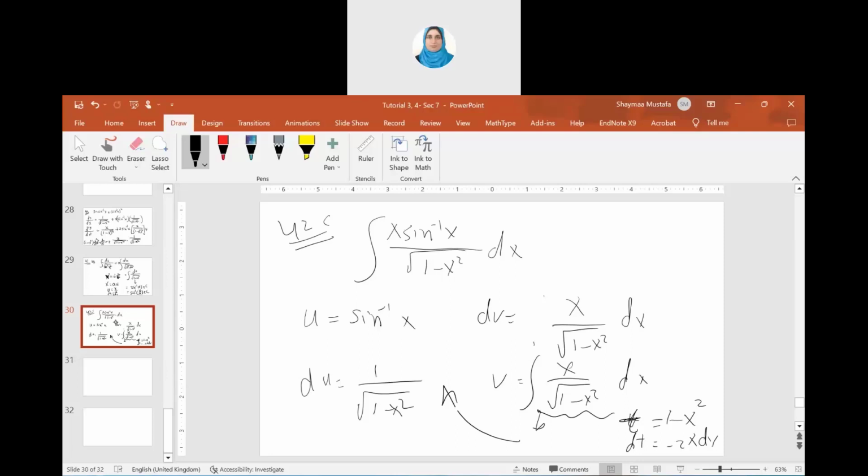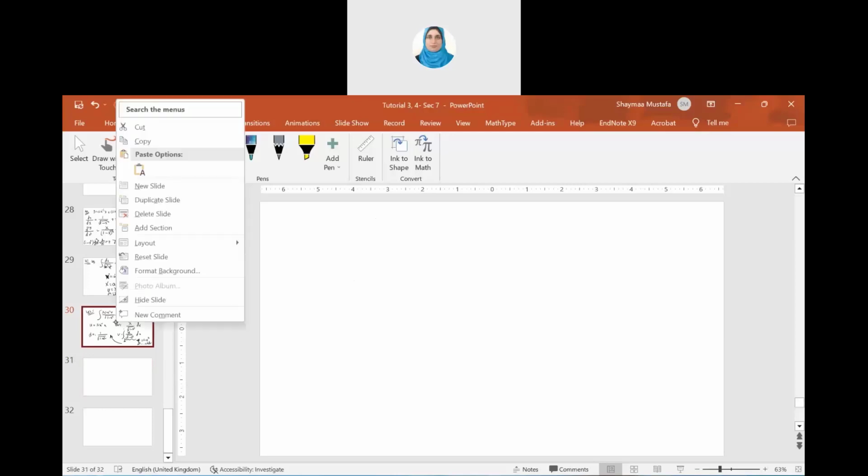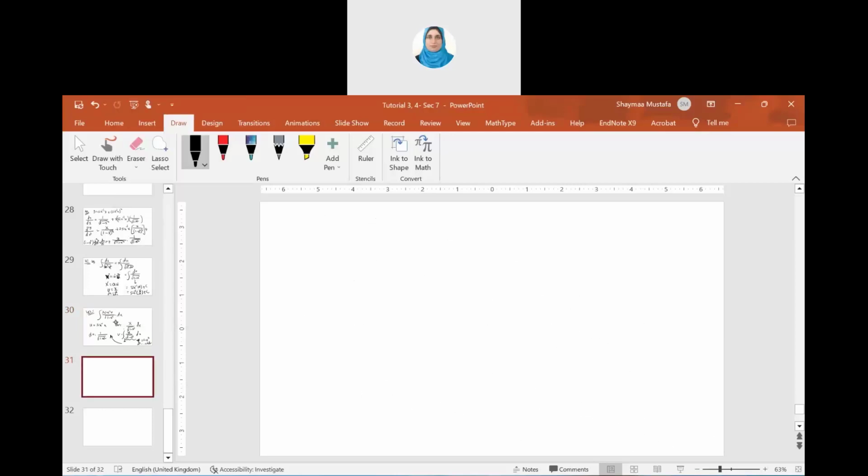Okay, the second one, integration 42d, 4x over 1 plus x squared times tan inverse x dx. This one also you can use by parts.